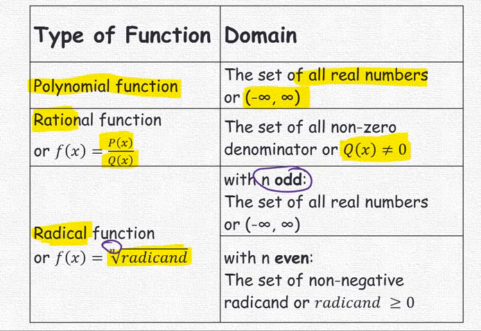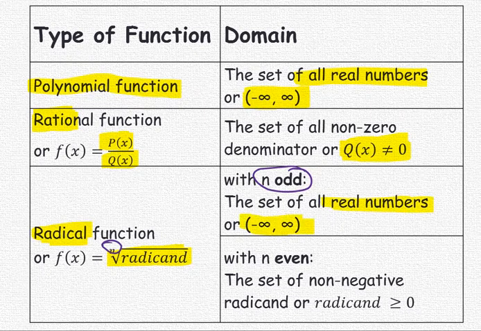There is no restriction for that because when you multiply the negative number 3 times, the sign still remain negative. So for the n as an odd number or the index as an odd number, there is no restriction. The domain would be the set of all real numbers.